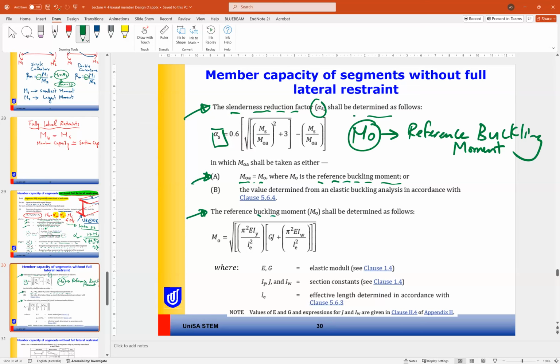The reference buckling moment MO equals the root of (pi squared E Iy divided by L effective squared) times (GJ plus pi squared E Iw divided by L effective squared). So M naught equals this formula here.